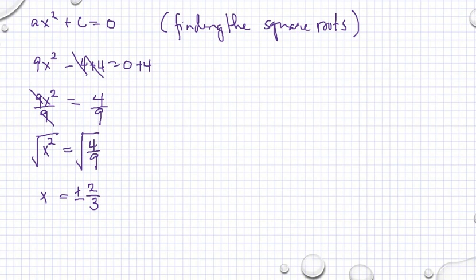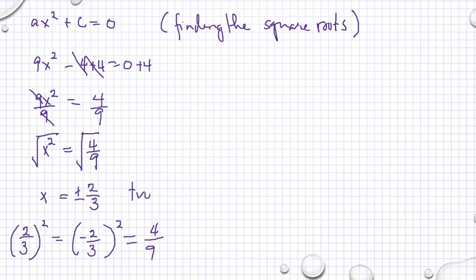Why? Because when I square 2/3 and when I square negative 2/3, both of these have the same product, 4/9. Remember that. A quadratic equation has 2 roots.